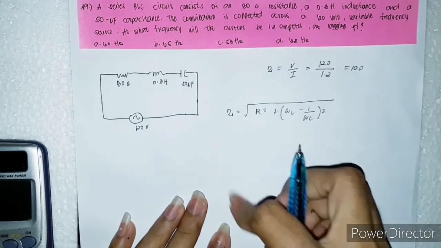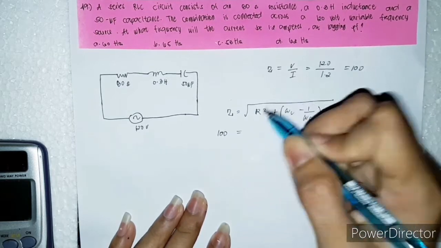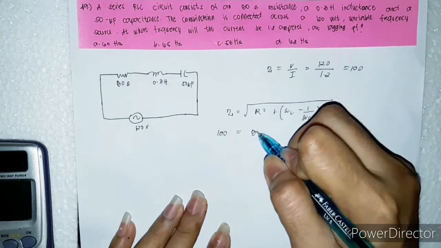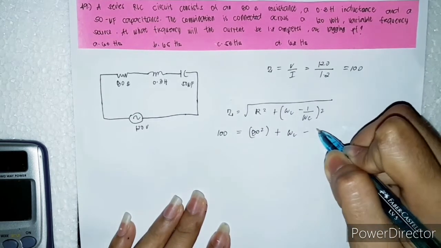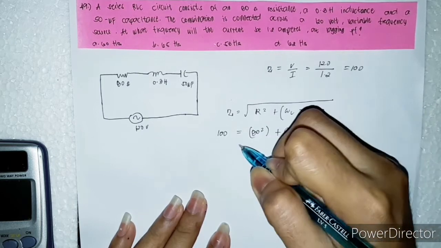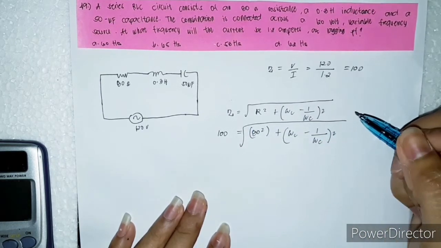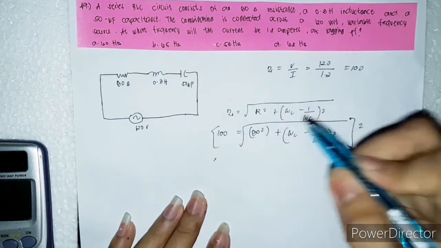So substitute the given value of our impedance here. We have 100 is equal to the square root of R, which is 80 ohms, squared plus omega L minus 1 over omega C squared. Let's square both sides to eliminate the square root.